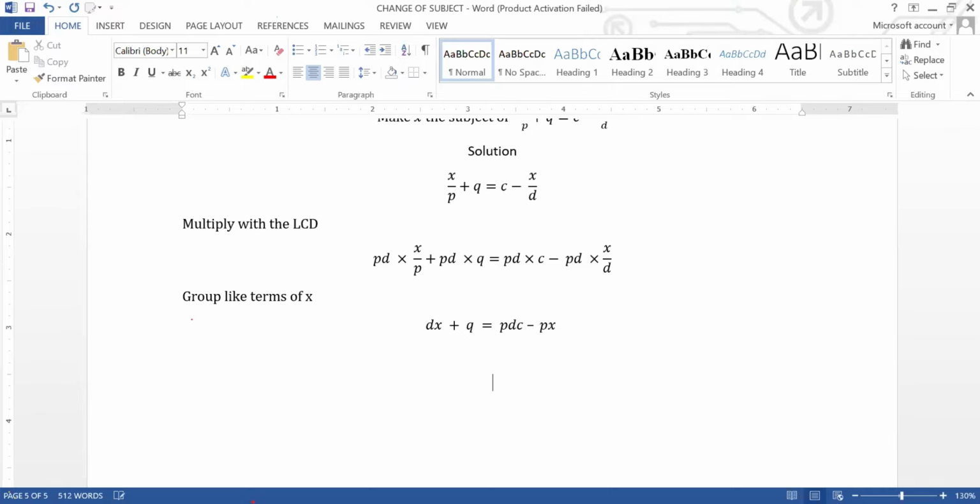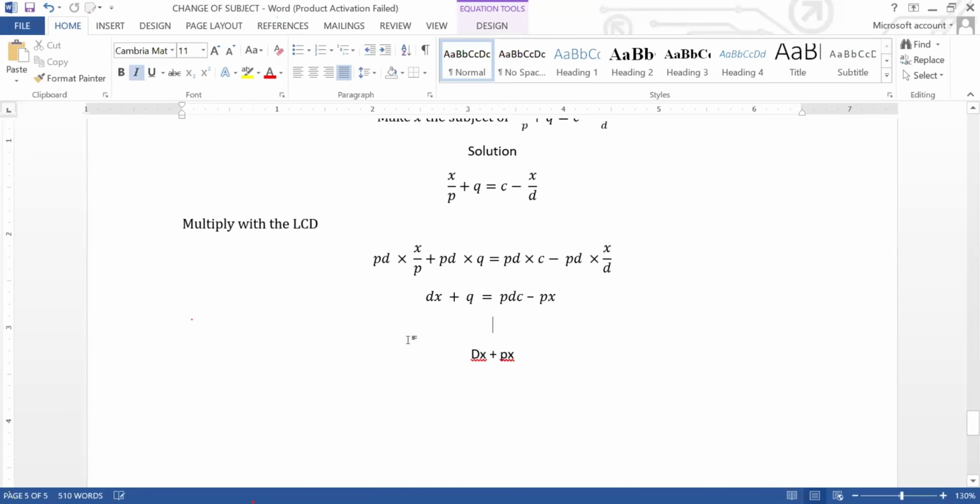Then we have dx plus px, because you have to group like terms of x, right? Let me bring it here rather. So we have dx plus px is equal to, multiply PD by Q. Okay.